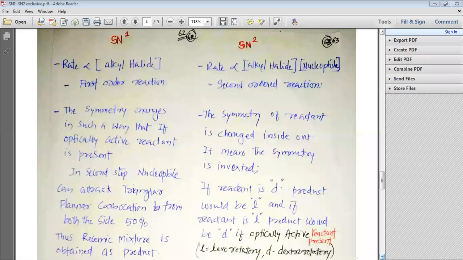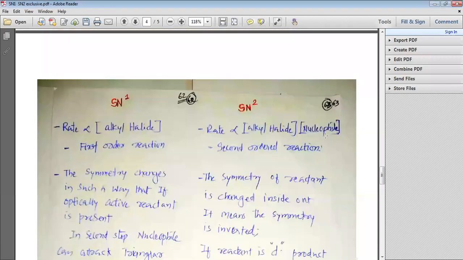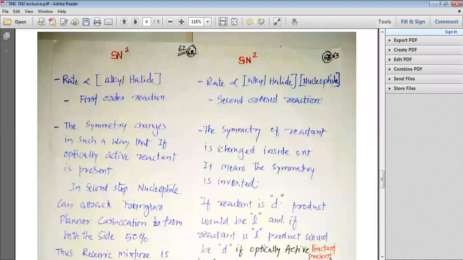Whereas the rate of the SN2 mechanism is directly proportional to the concentration of alkyl halide as well as the concentration of nucleophile, and that is why this reaction is a second order reaction, my dear students.